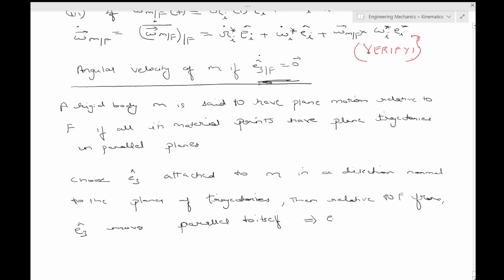This implies that E3 dot with respect to F will be equal to 0.